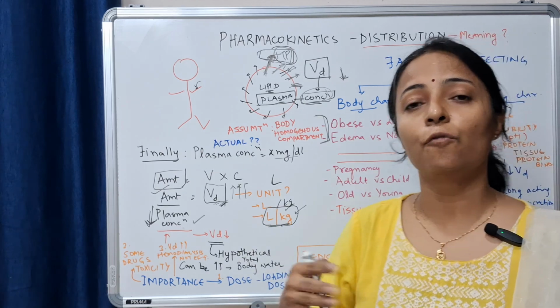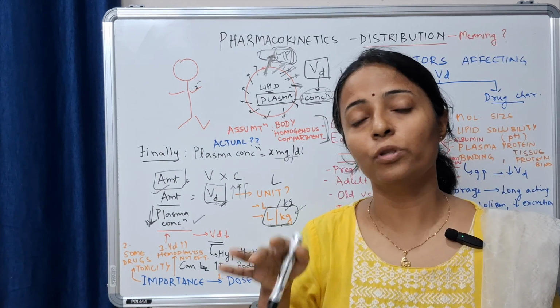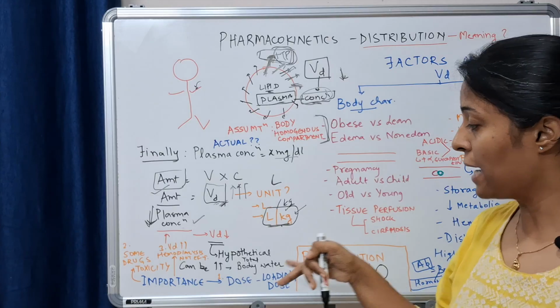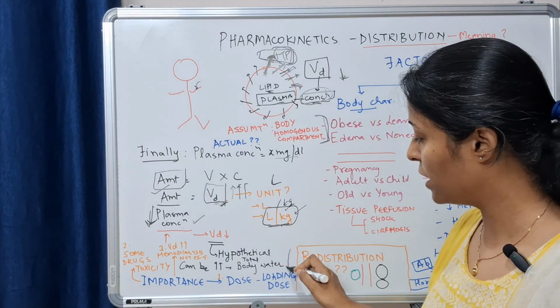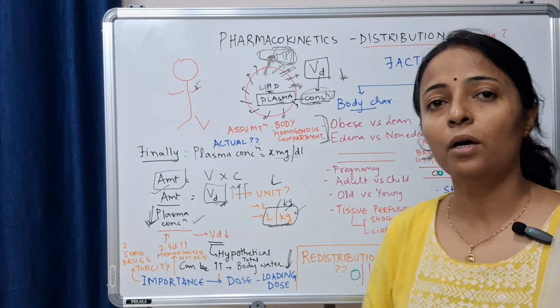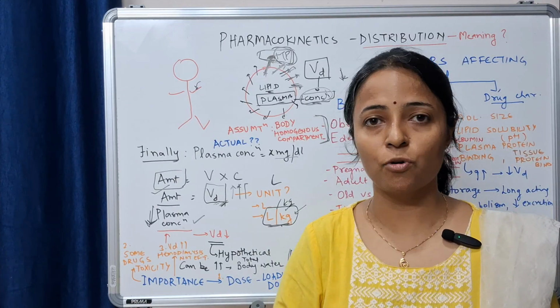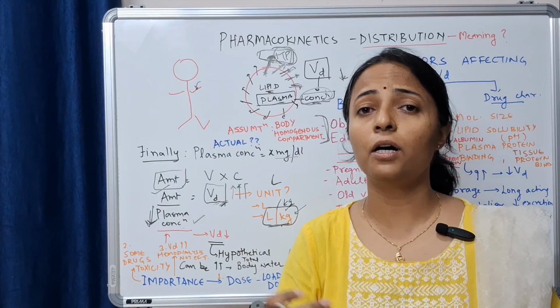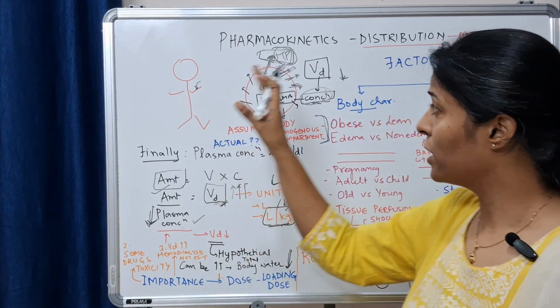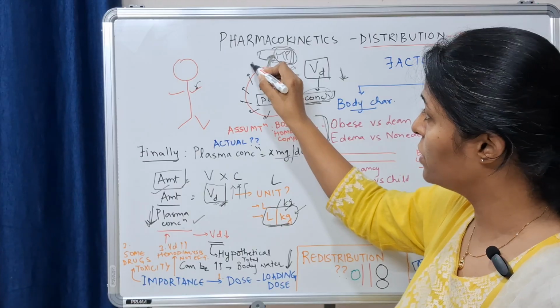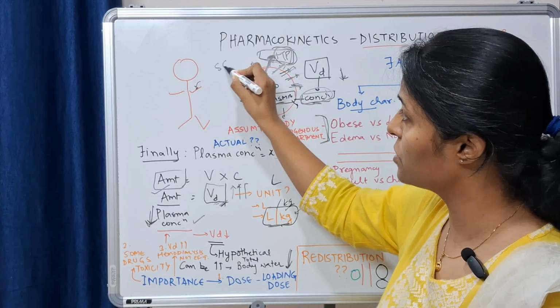So that is why for a particular drug, we need to know the volume of distribution, and especially it is required to calculate the loading dose. Why? What happens, that loading dose will help us maintain the plasma concentration. So we give a higher dose so that whatever drug has to go into different tissues, that is known as sequestration.